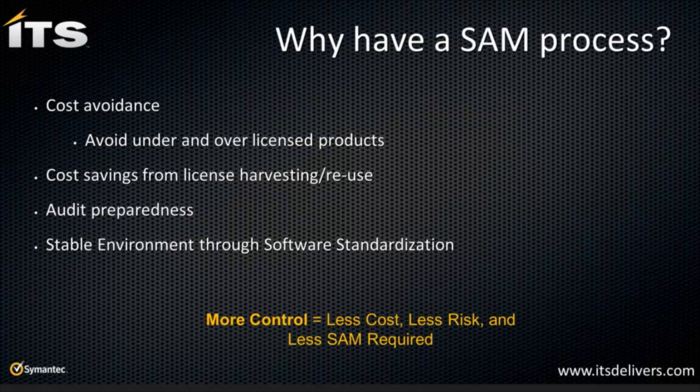With under licensed products, something you can benefit from with an application tool is getting the reporting showing that you're out of compliance now and giving you a chance to plan ahead, purchase through volume licensing versus retail prices that you might pay otherwise on a one-by-one basis. So giving you the reporting to plan ahead and make those purchases ahead of time is a cost avoidance, as well as with over-licensed products.